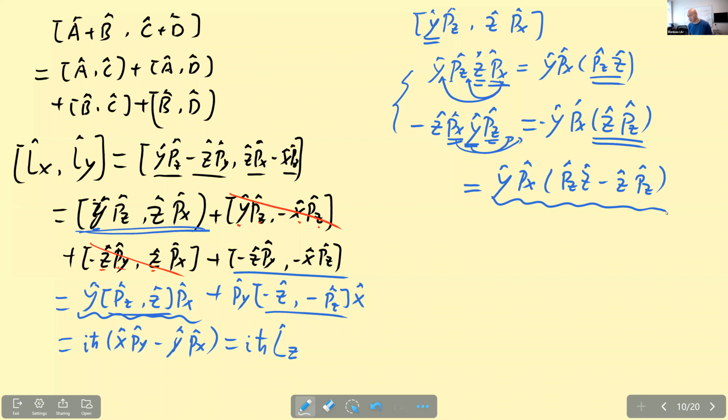So you can also do this one slightly more quickly by using this formula. Any other questions?